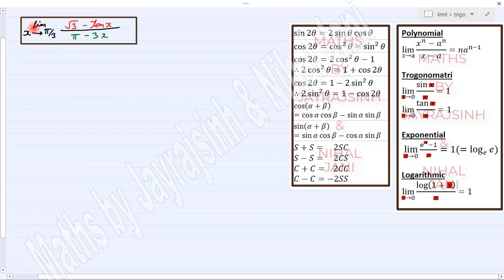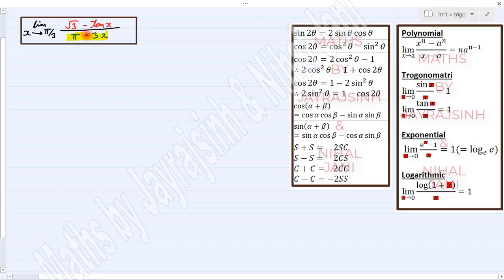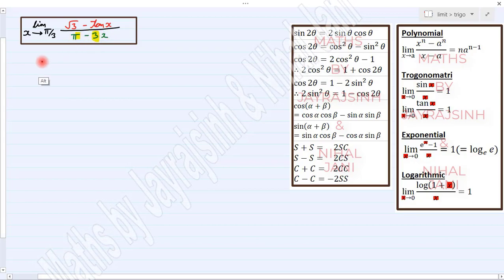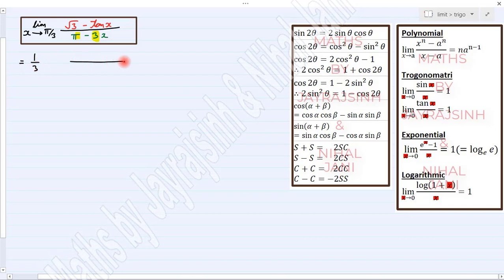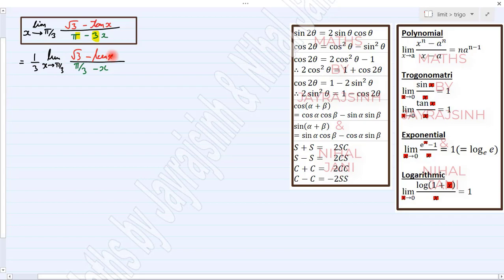Here your limit is x tends to pi by 3, (root 3 minus tan 3x) upon (pi minus 3x). Before we go for assumption of denominator is equal to some new variable, let's take this 3 common. So we will get 1 by 3. In denominator, you will get pi by 3 minus x. Rest of the things will be as it is.